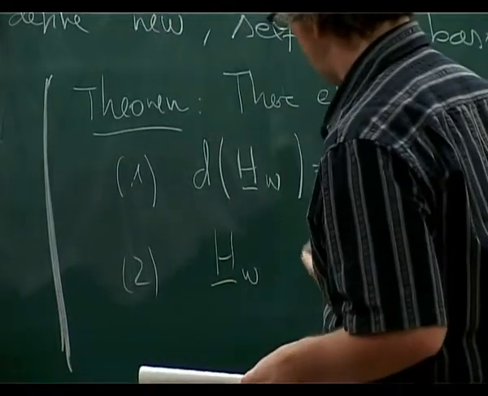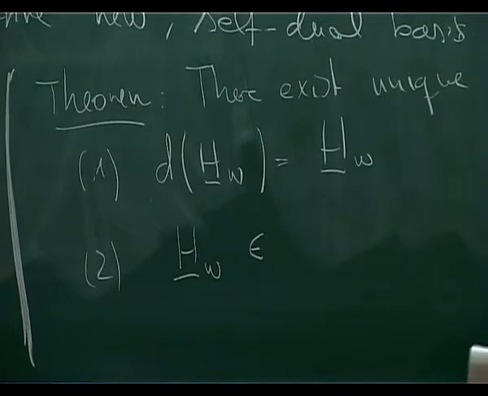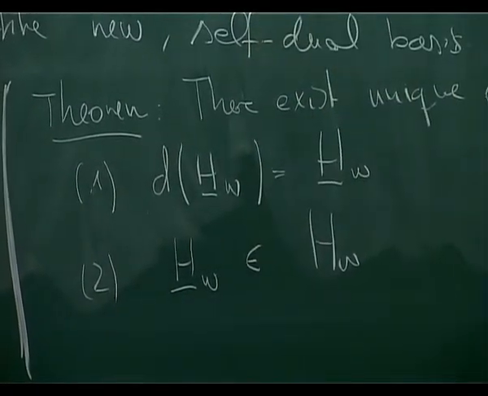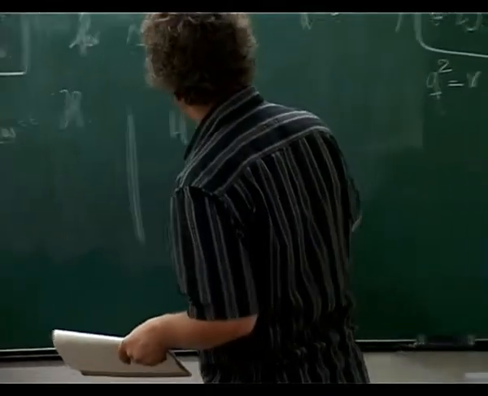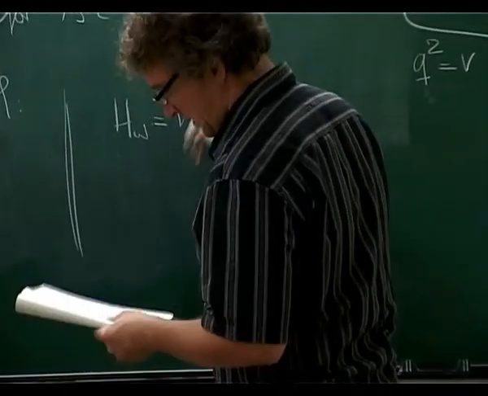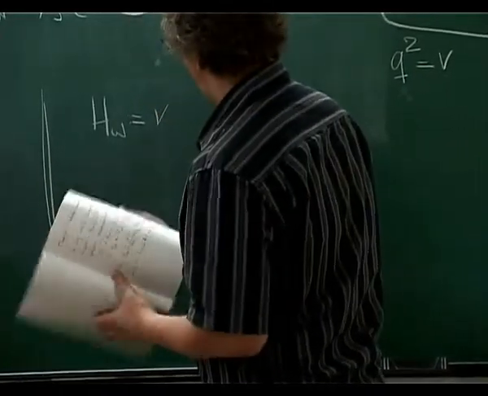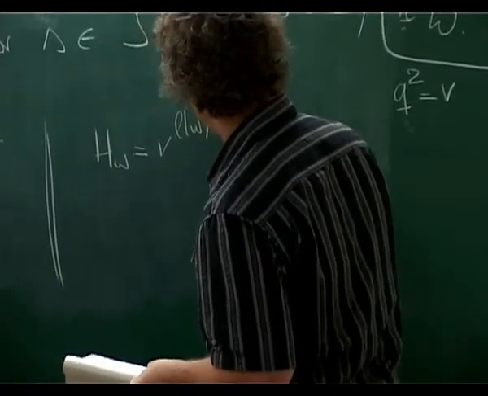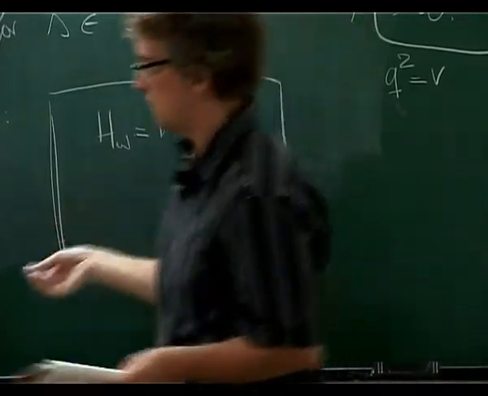And H underline w is an element in the following subset of the Hecke algebra. So it starts with H_w. Sorry for all the notation, H_w I defined as v to the length of w times T_w. This saves some notation to go to this basis.